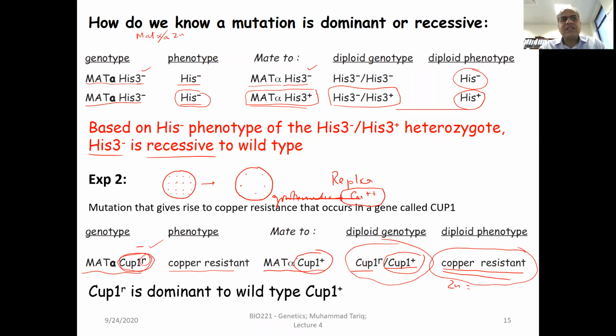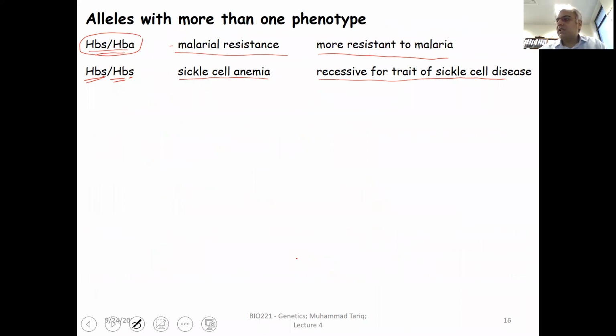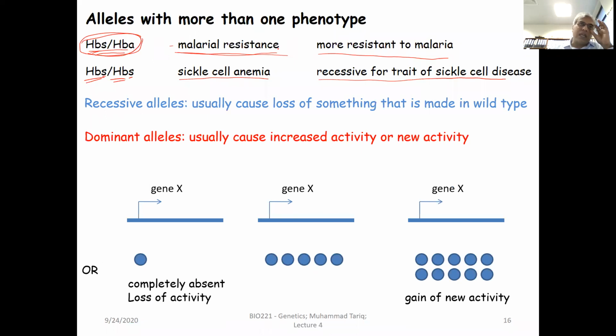But this is a natural example where you see a heterozygous state where HbS is actually acting as dominant, and individuals are acquiring a phenotype which is malarial resistance. Okay, now what is dominance and recessive? So far till today, we have talked about phenotypes as dominant and recessive.